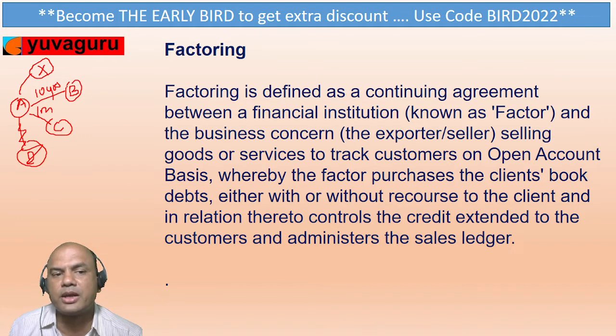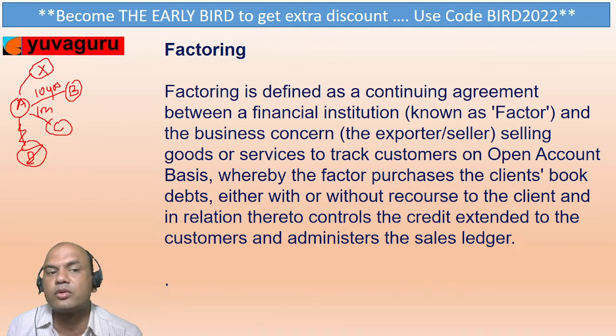Should I finance A to B or A to C? Definitely as a banker I'll be more conservative and I'll finance A to B because these guys have been dealing for the last 10 years. They are dealing on open account basis, means A directly sells to B and sends the documents to B directly through courier. No bank is involved. Then B sends the payment through some bank.